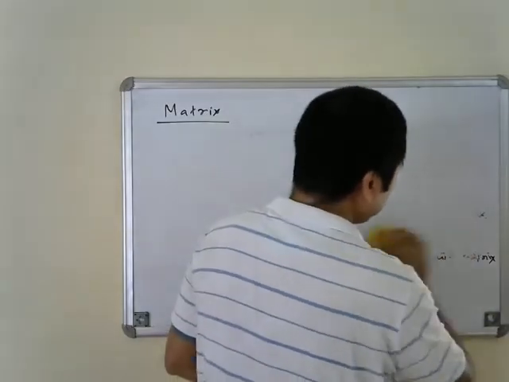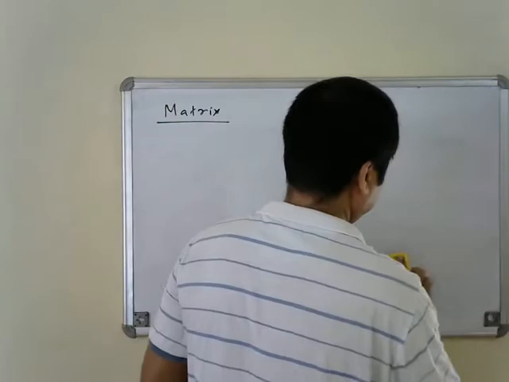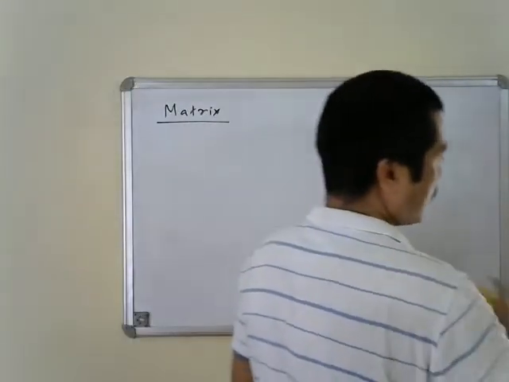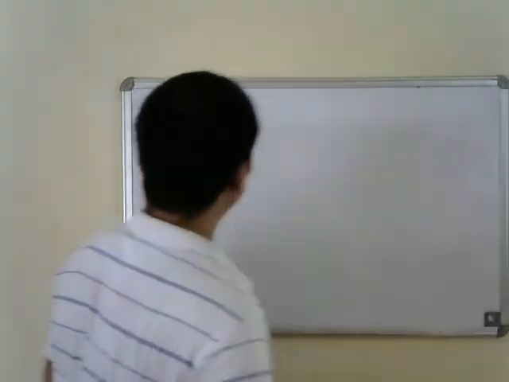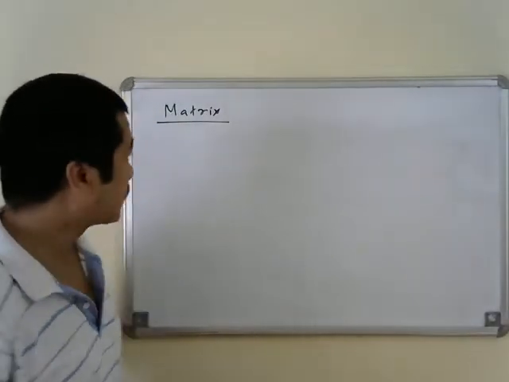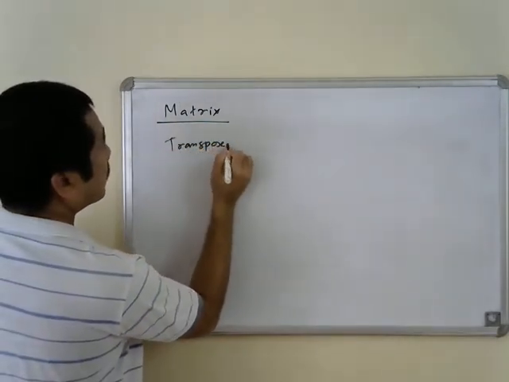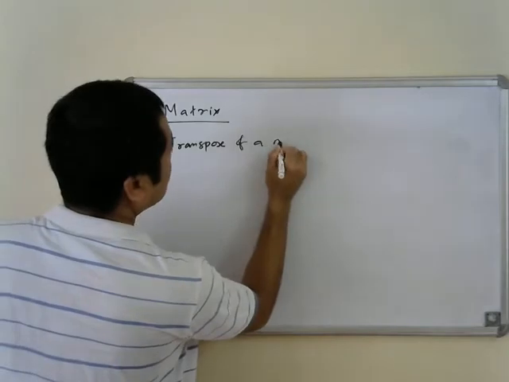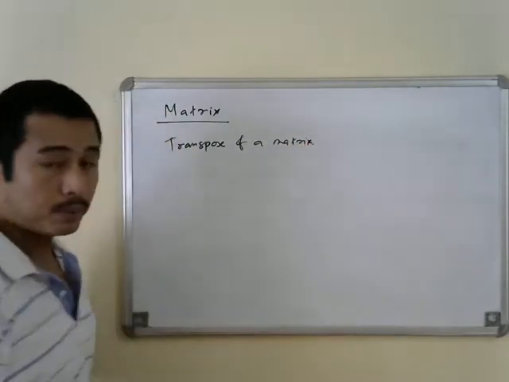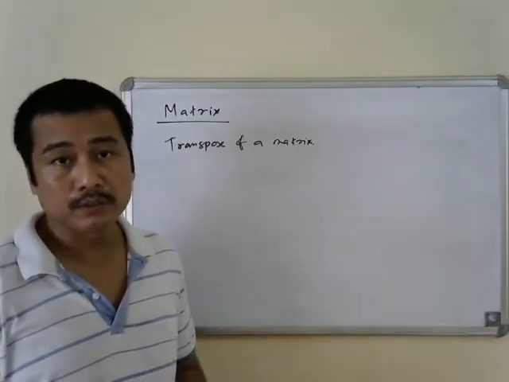And now we will also learn about one more important aspect of matrices, that is the transpose of a matrix. You can get the transpose of a matrix by converting the rows into columns and the columns into rows.